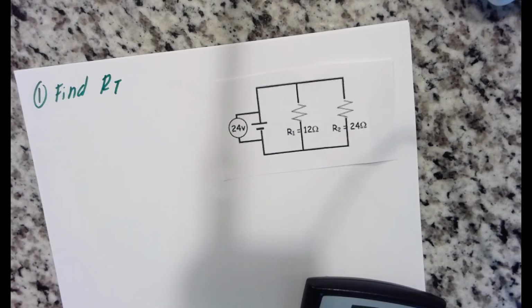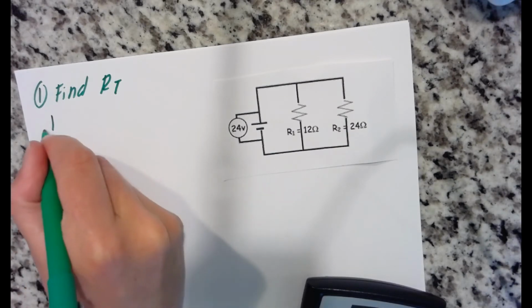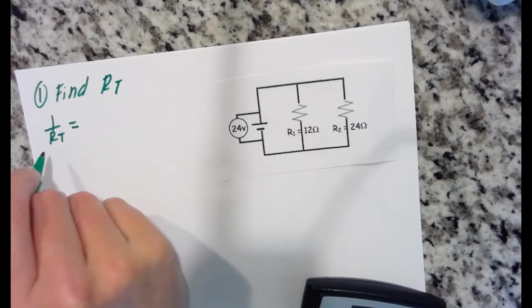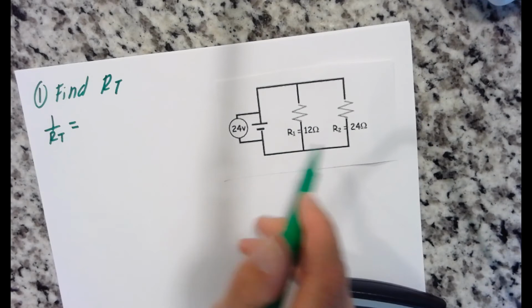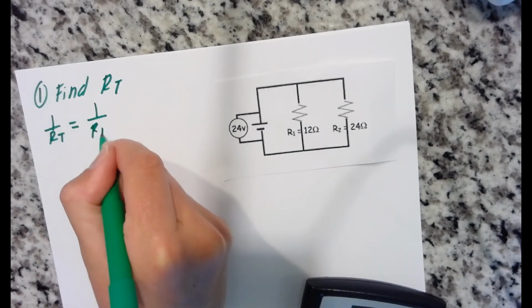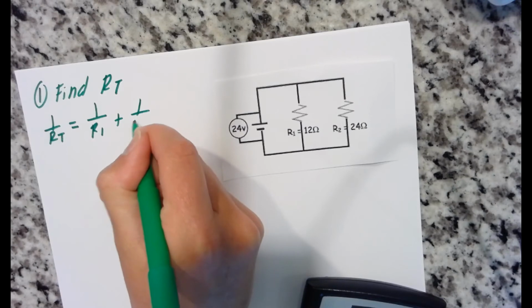So we're going to start by just writing the equation out, so 1 over RT equals, and in this case it's kind of nice because we only have 2 resistors, 1 over R1 plus 1 over R2.